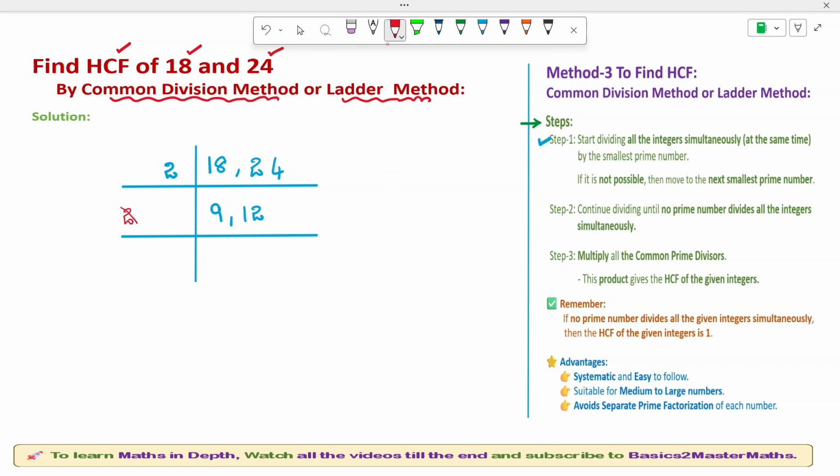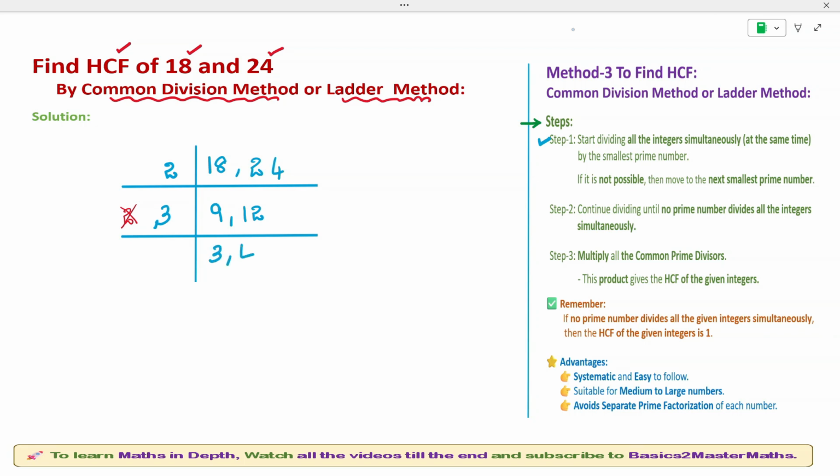Since 2 does not divide both integers 9 and 12 exactly, we move to the next smallest prime 3. Since 3 divides both integers 9 and 12 exactly, we get 3 and 4.